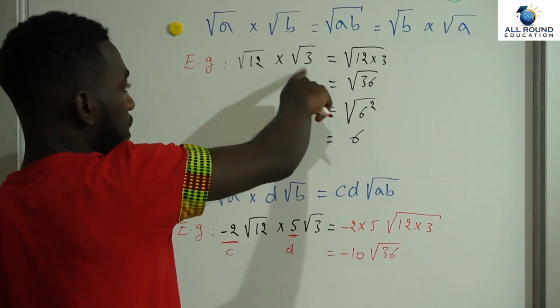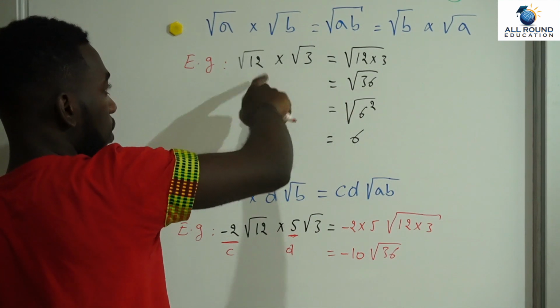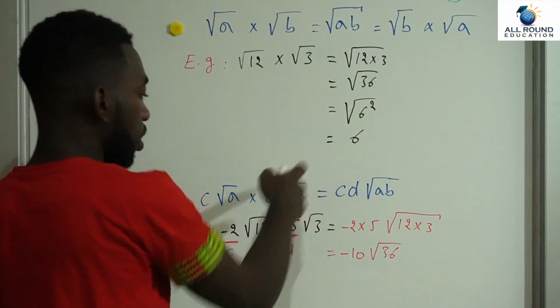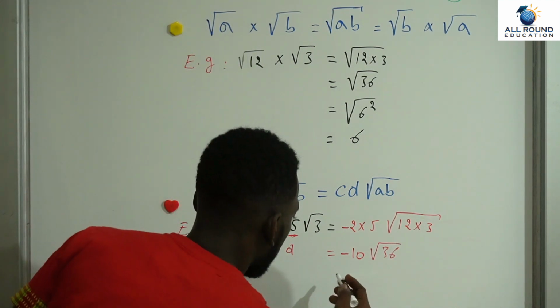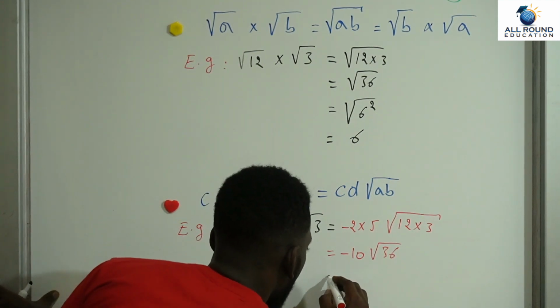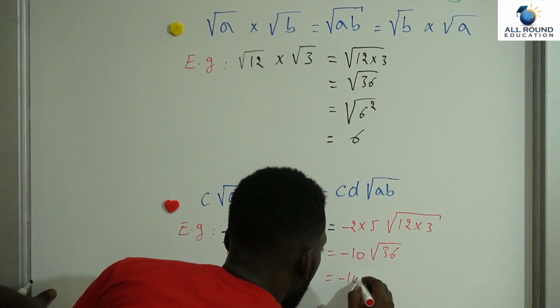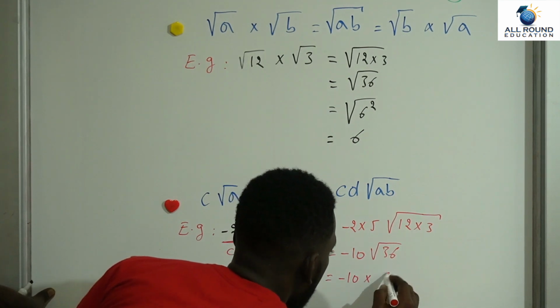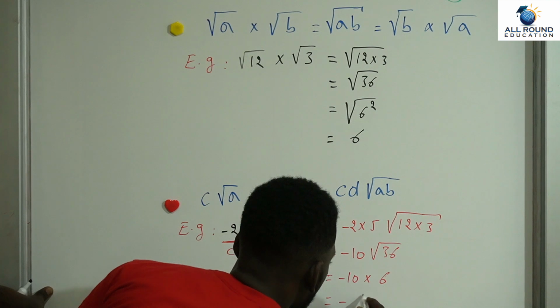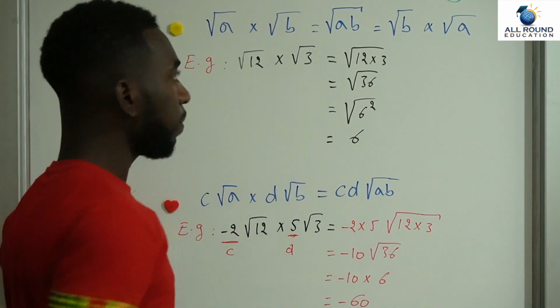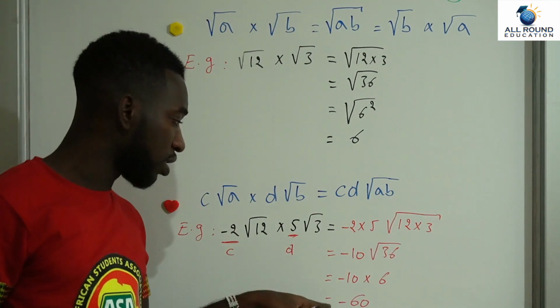We saw that the final answer for the square root of 12 times the square root of 3 is 6, right? So that could just be our final answer. We have negative 10 times 6, which is negative 60. So guys, this is the answer for this question.